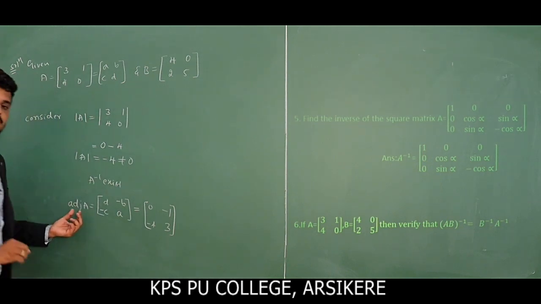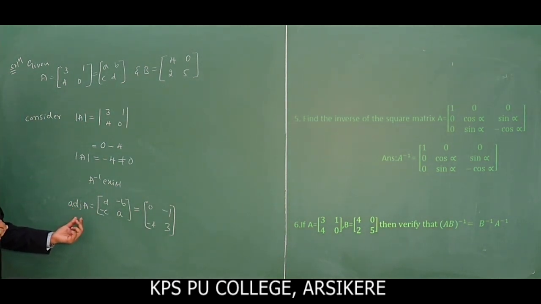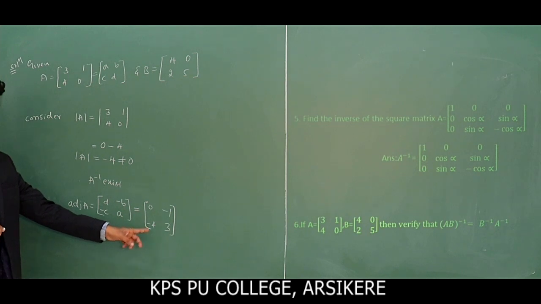This is the value of adjoint A: 0, minus 1, minus 4, 3.